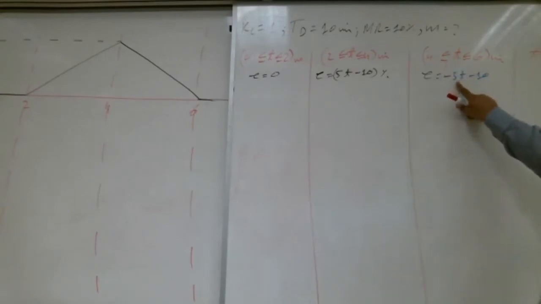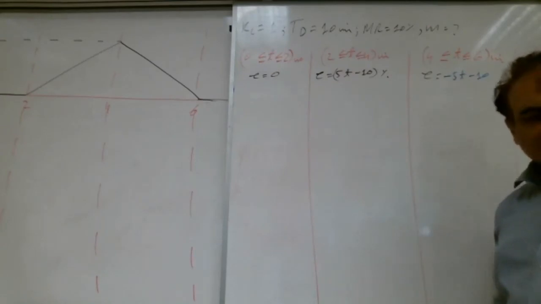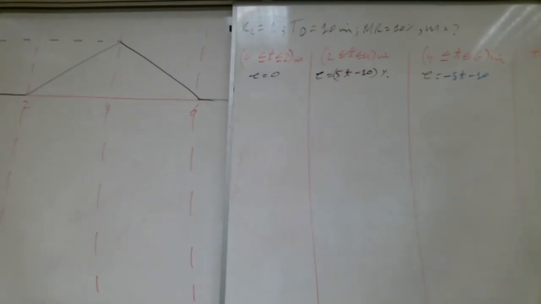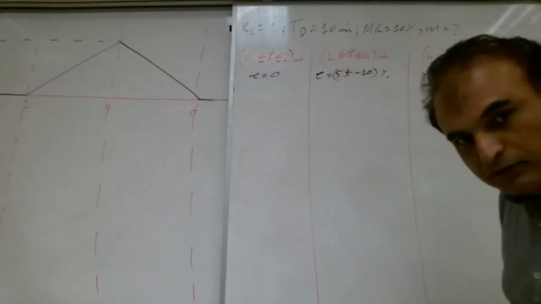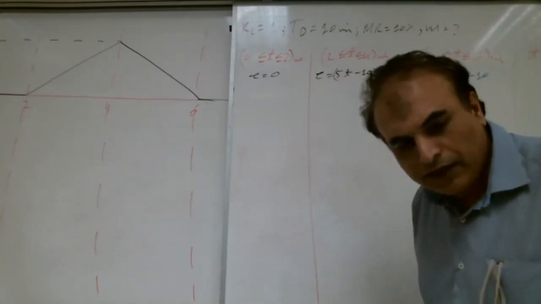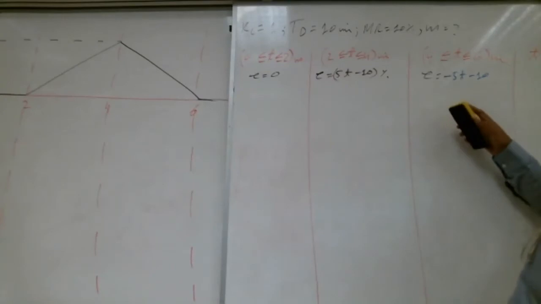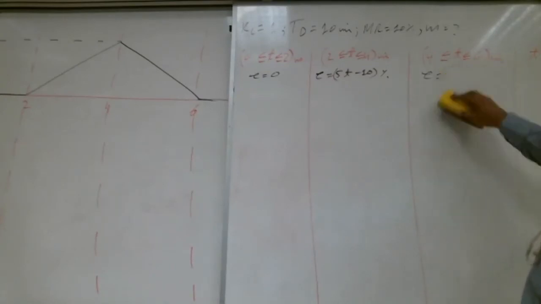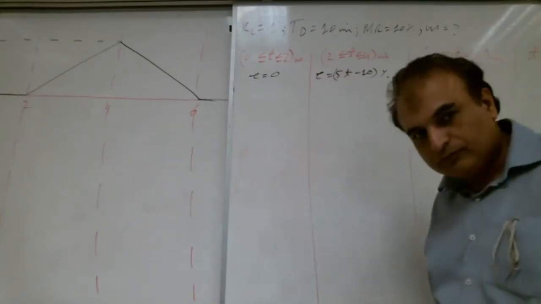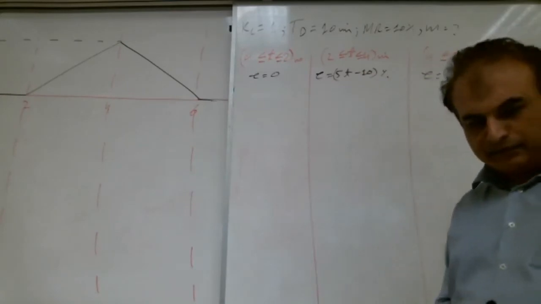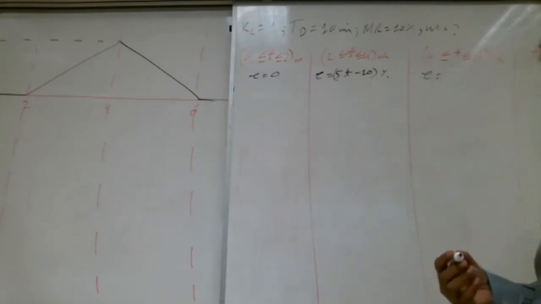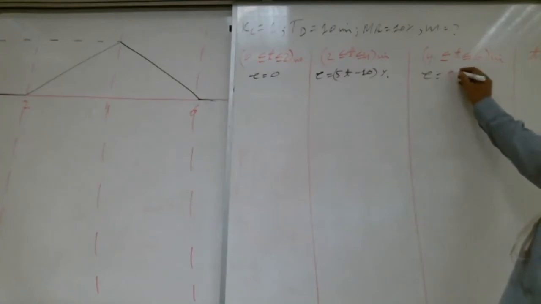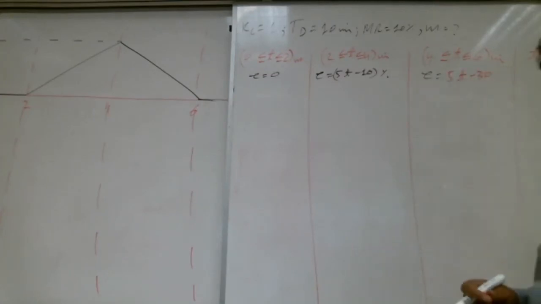So it will be minus 20 minus 10, minus 30. We have 10 there. It is not working, sorry. 5t minus 10, Shabab, it is not working. One brother is saying 5t minus 30.